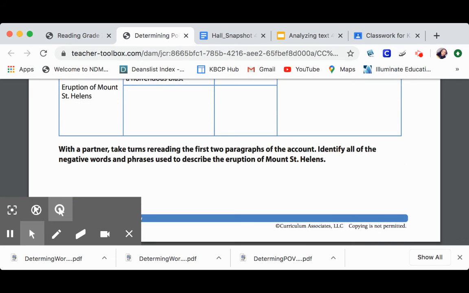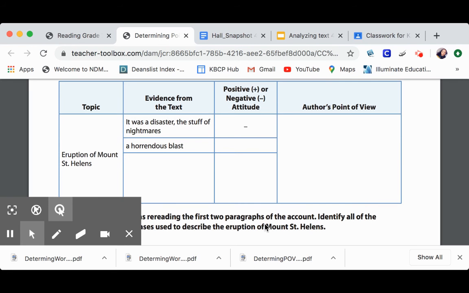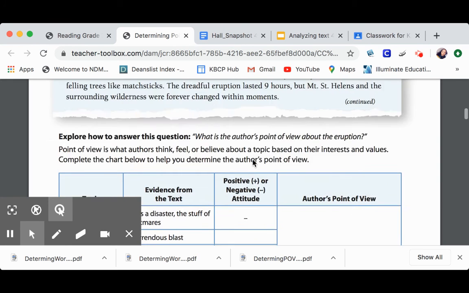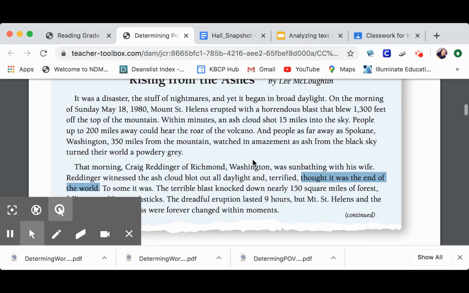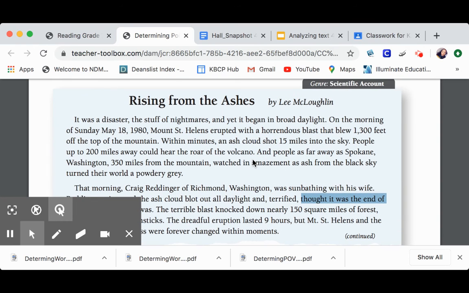so if I was to run back through this for you guys to understand, let's do a quick think-aloud for you to follow through. I can look for clues, which I did, to help figure out how the author is feeling about the eruption. Okay, so in the first sentence, the author writes, it was a disaster, the stuff of nightmares, right?